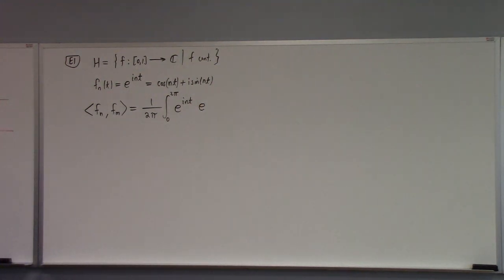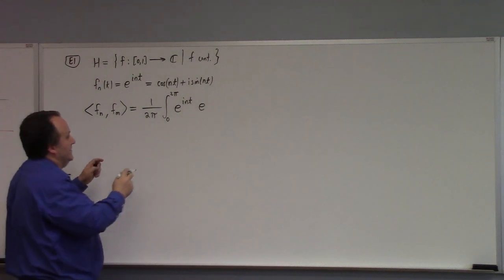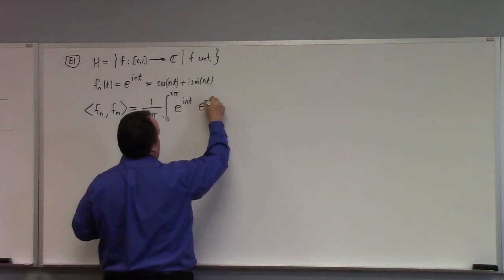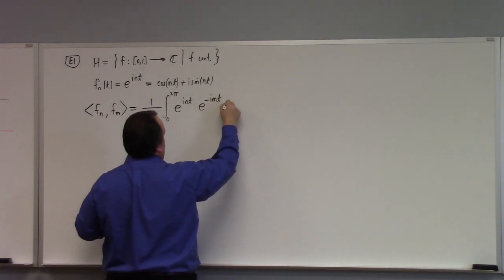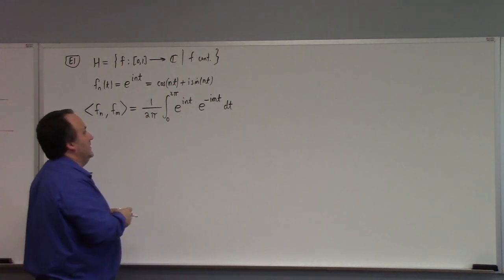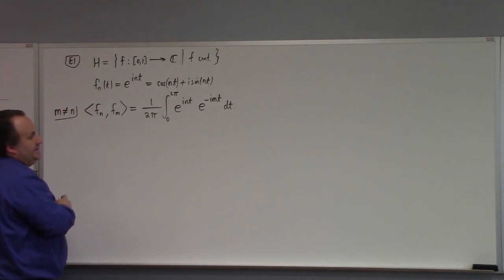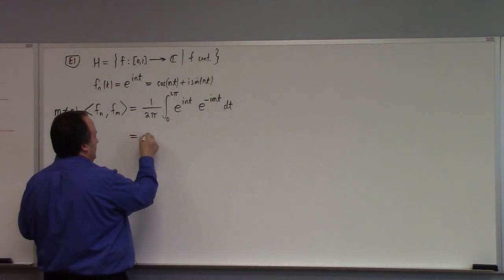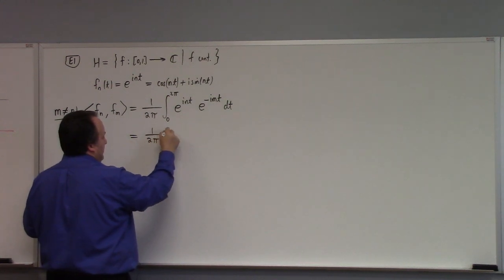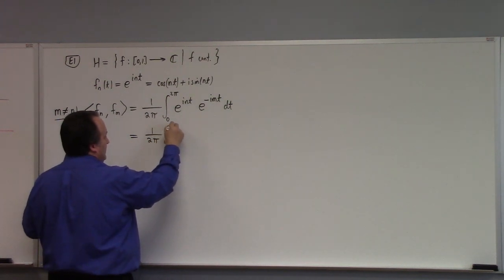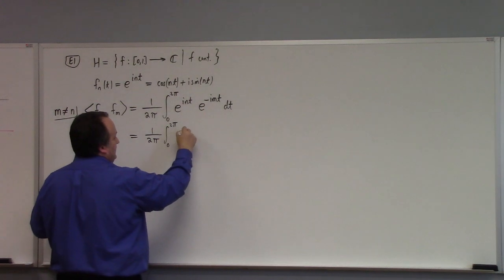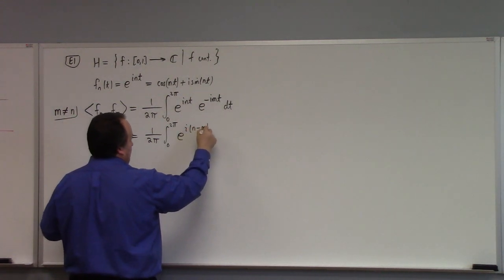We do the function times its complex conjugate in this context. What's the complex conjugate of e to the int? It's simply e to the minus imt. And here I'm going to assume m is not equal to n to start with. Now imaginary exponentials obey the law of exponents, so you get the integral from 0 to 2 pi of e to the i times (n minus m) times t dt.